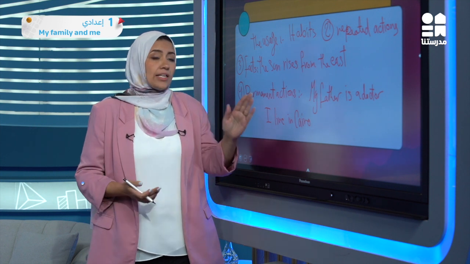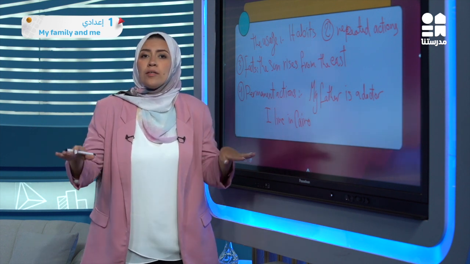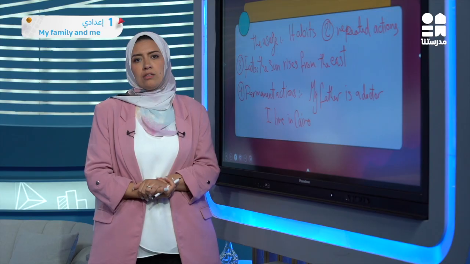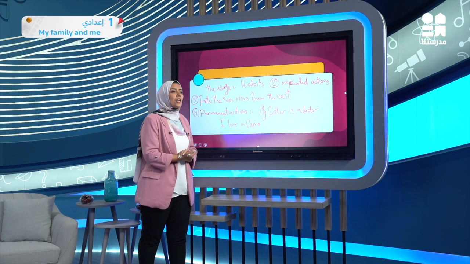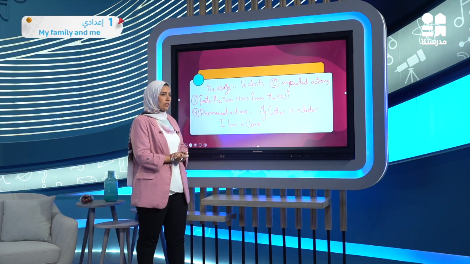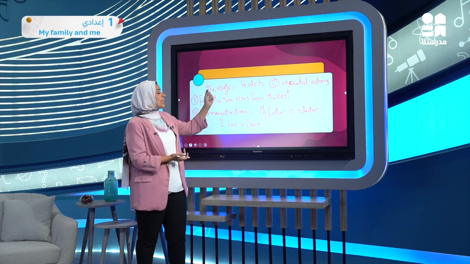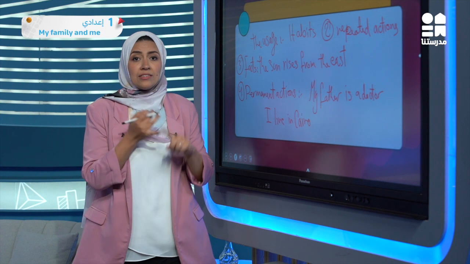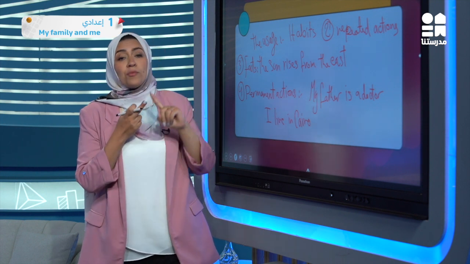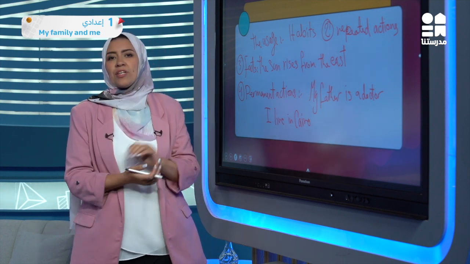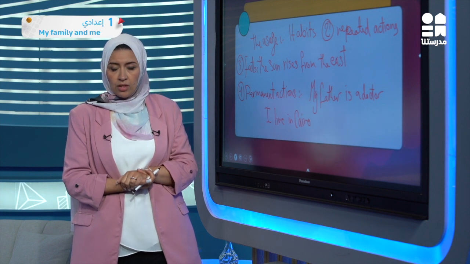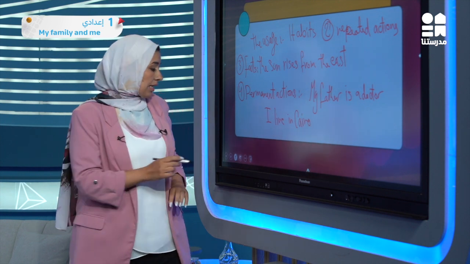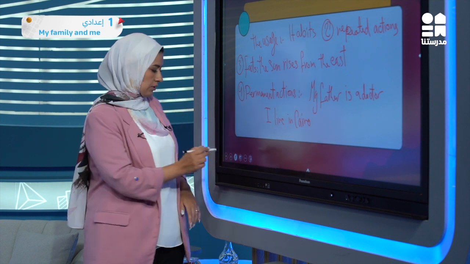So I live in Cairo means I reside in Cairo. A permanent action that doesn't change. So these are the main usages of the present simple: habits, facts, repeated actions and permanent actions. Let's go to the form.